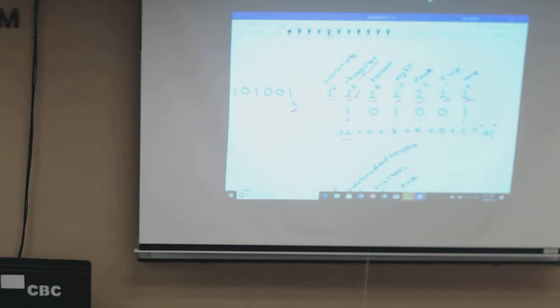I have no 16s, 0. This is what's cool about binary. You either have one or you don't. So it's either 1 or 0. You only have 2 digits, 0 and 1, with binary. So it's really cool that you don't have to do a whole lot of mental math with binary stuff.